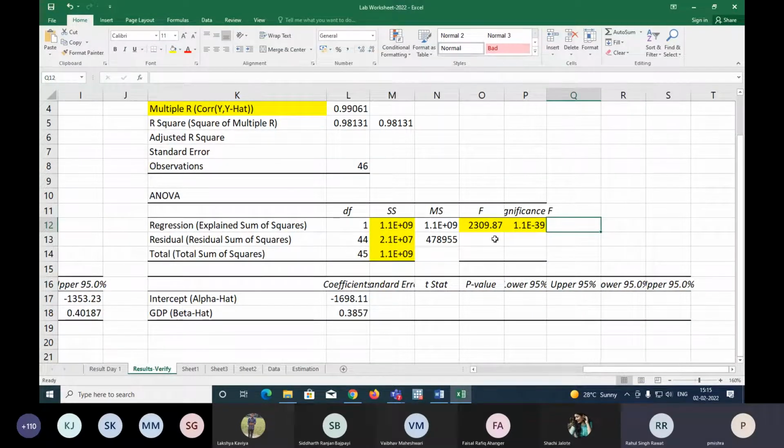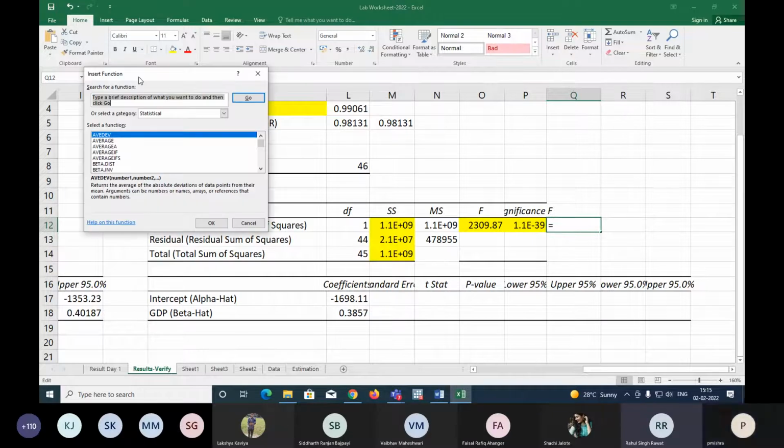What you need to do, you basically need to go to Fx. In Fx, there is an option here, statistical. When you go for statistical functions and scroll down, you will see F distribution right tail.